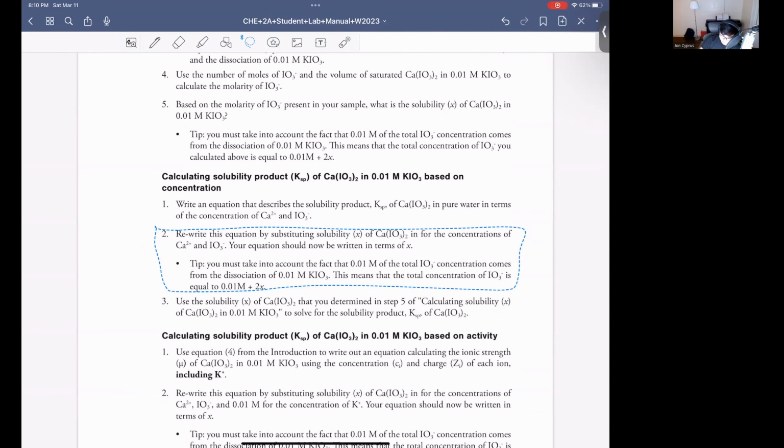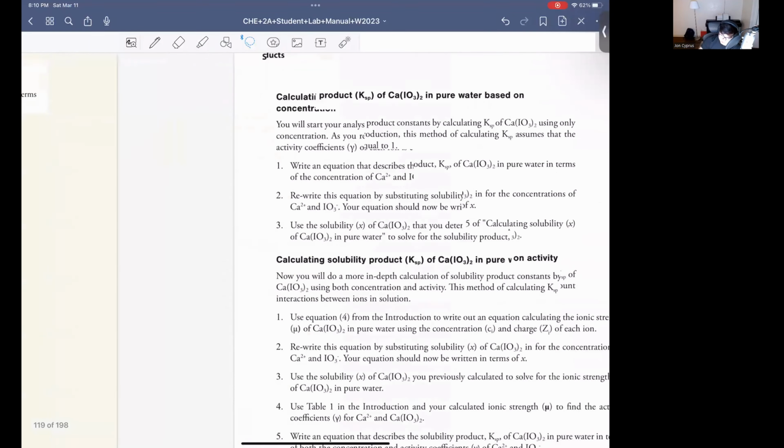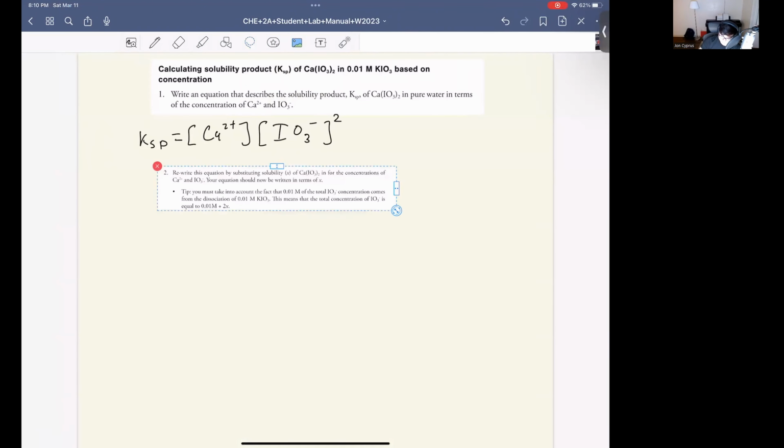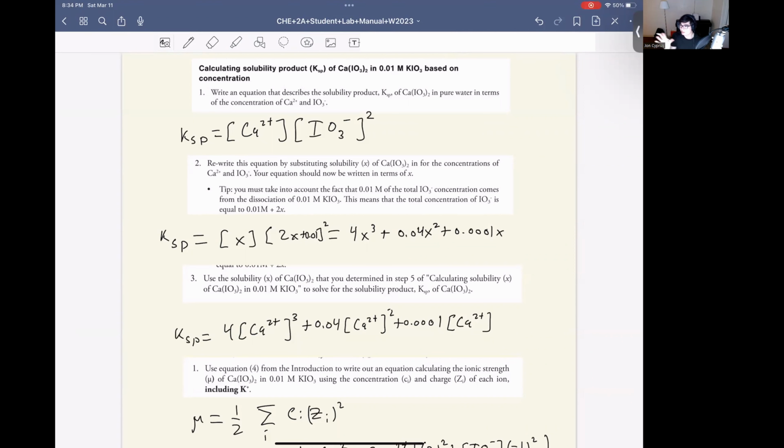They want you to rewrite this in terms of X, right, as we've been doing. You get KSP is equal to, where X is the concentration of calcium. All right, so this video will be a little discontinuous.